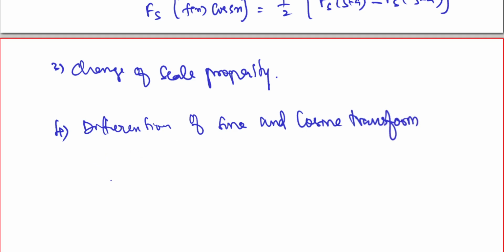Suppose you know the Fourier sine transform of f of x, then if you differentiate this, what you're going to get here is the Fourier cosine transform of x into f of x.